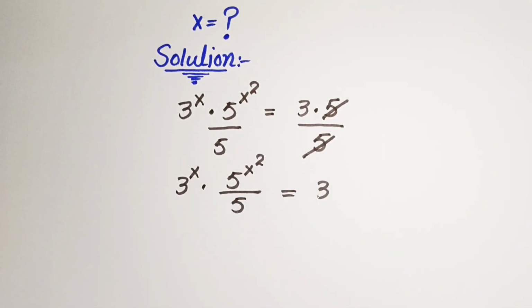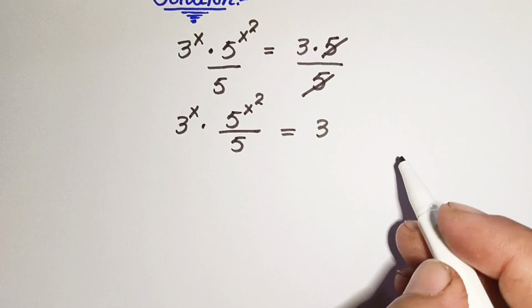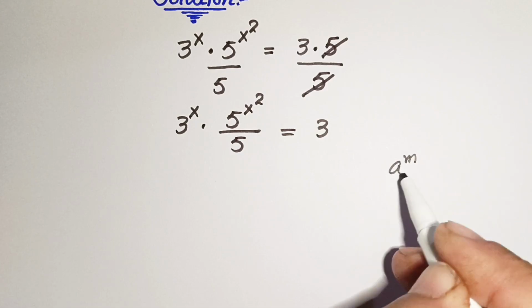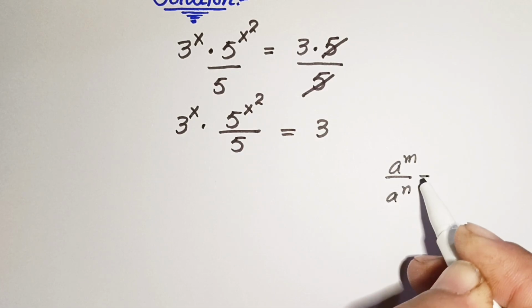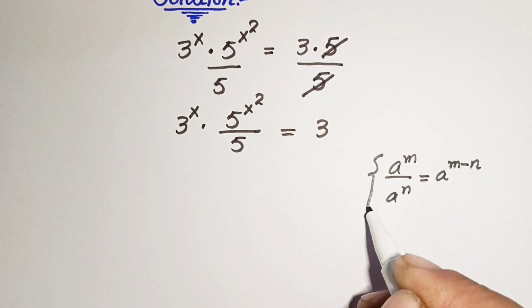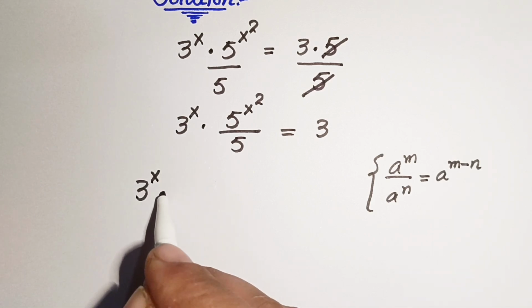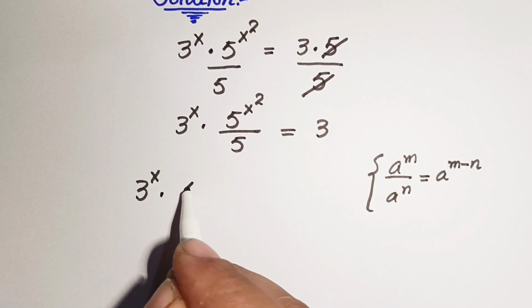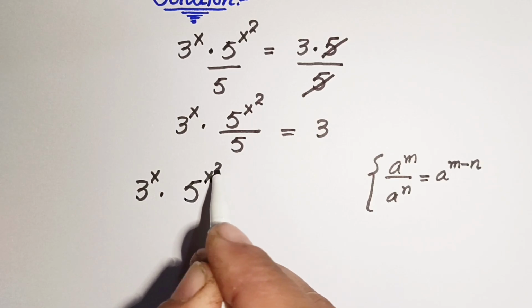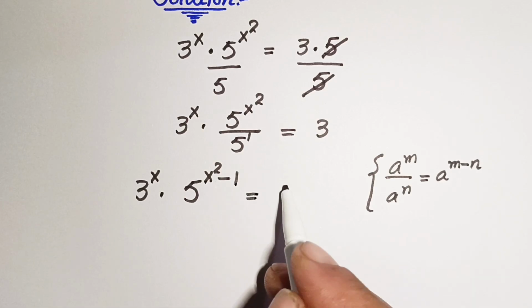Now, as we know by the exponential property, a to the power m over a to the power n is equal to a to the power m minus n. Using this property, we get 3 to the power x times 5 to the power x squared minus 1, since the power is 1, that is equal to 3.